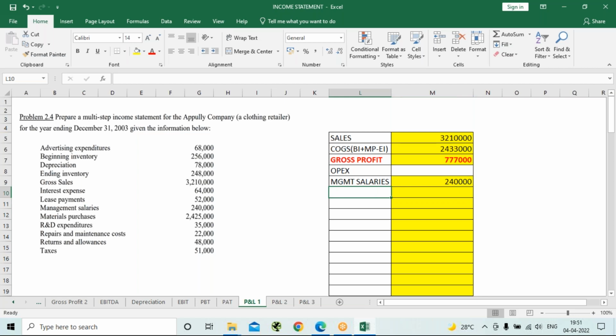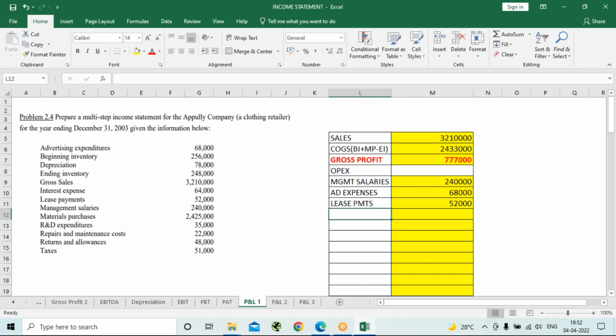Then advertising expenditure, very good, ad expenses of 68,000. Good. Lease payments of 52,000.